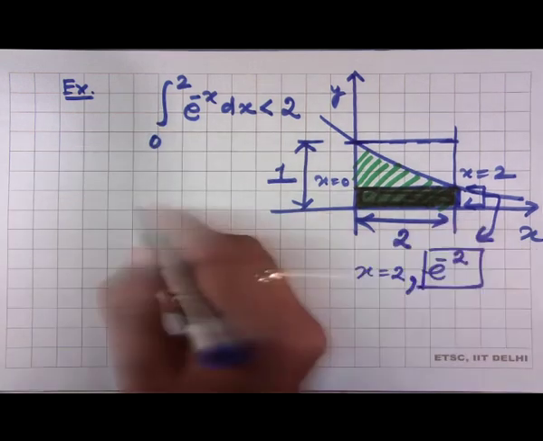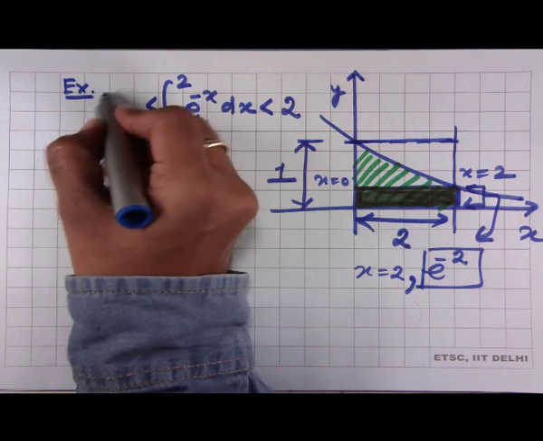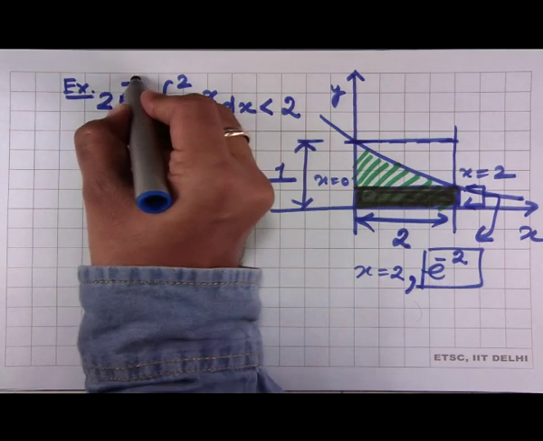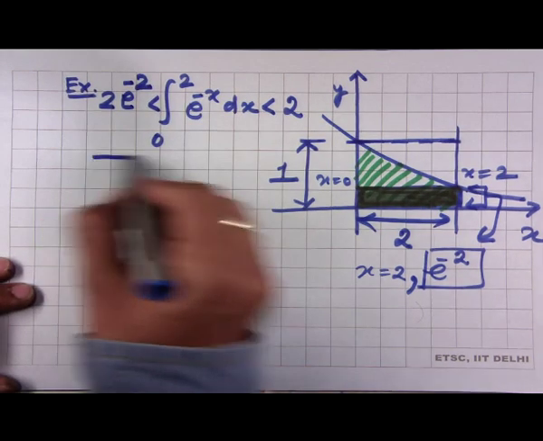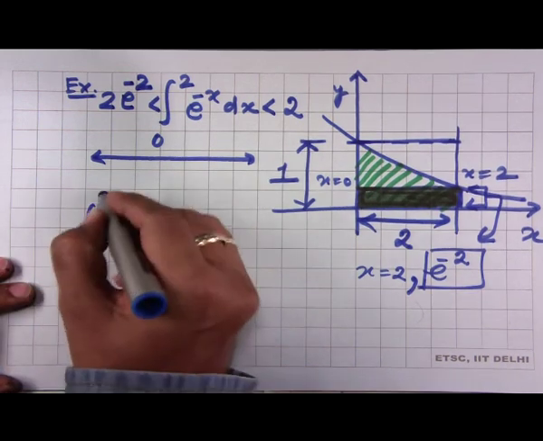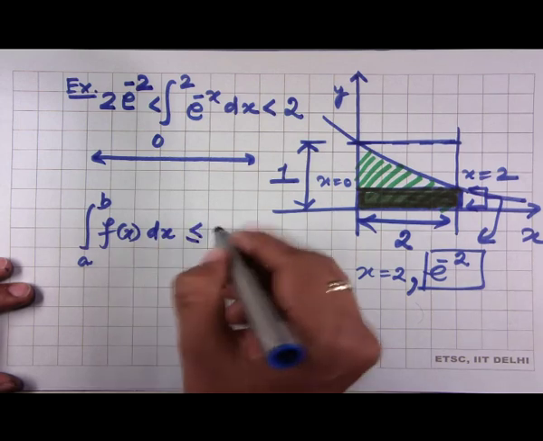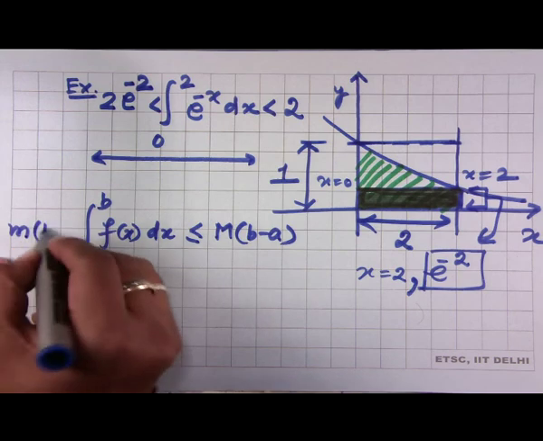So the area of this rectangle shaded by black color is 2 into e to the power minus 2. So you can see how this result helps you in finding upper and lower bounds of any integral.